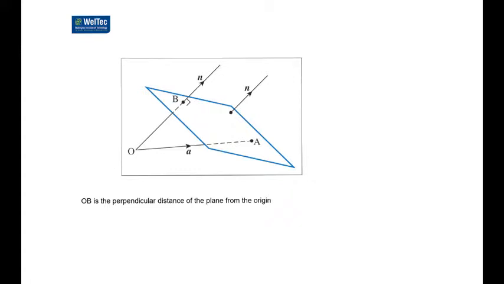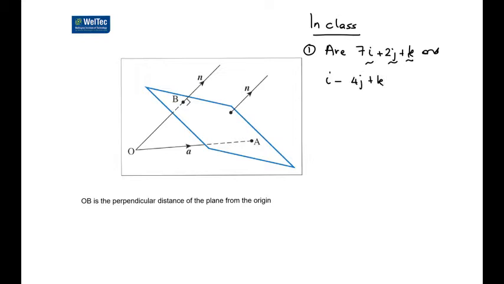And a couple of questions that we'll consider in class, but you can think about. Question 1 would be, are these two planes orthogonal? So are they at right angles to each other?